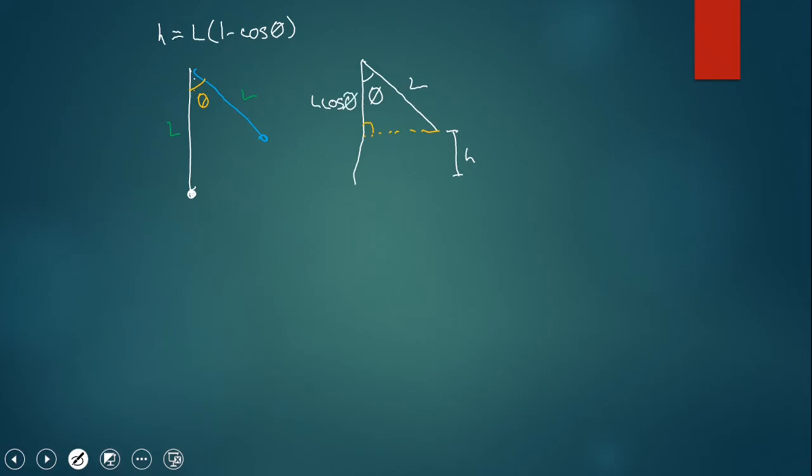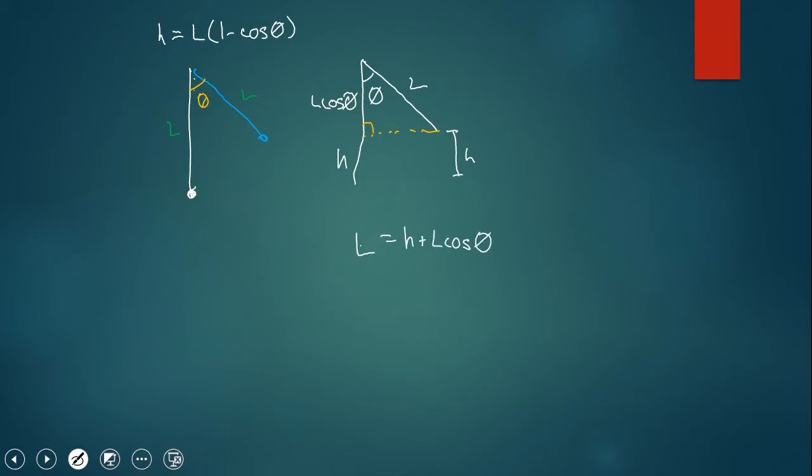We also know that this resultant distance is h, our height. Except we also know that the length of this entire string, as by the previous, is L. So we get L, the length of the pendulum, is equal to h plus L cos theta.